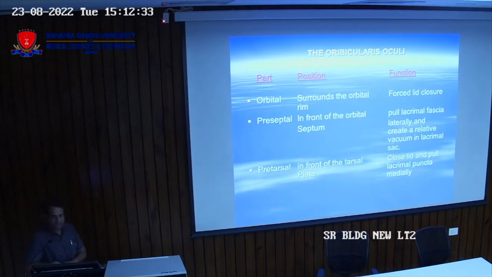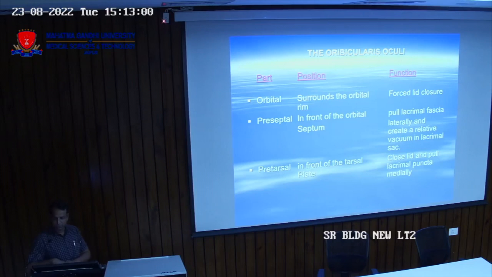striated muscles. So there are two muscles, orbicularis oculi and LPS. The three parts of orbicularis oculi are the orbital, preseptal and pretarsal. The orbital part surrounds the orbital rim, the preseptal is in front of the orbital septum, and the pretarsal is in front of the tarsal plate. The orbital part functions for forced lid closure.